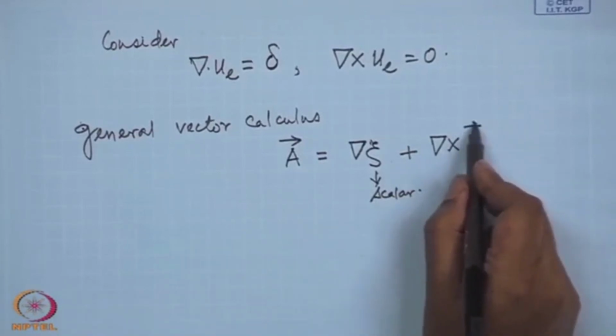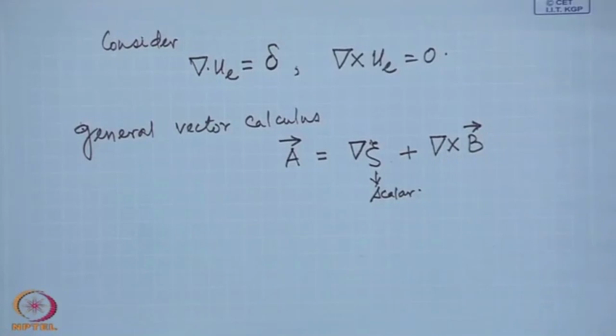This is a general result, true for any vector, that all vectors can be written as the sum of the gradient of a scalar plus the curl of another vector. This then gives that if the curl of the vector is 0, then that vector is simply the gradient of a scalar.